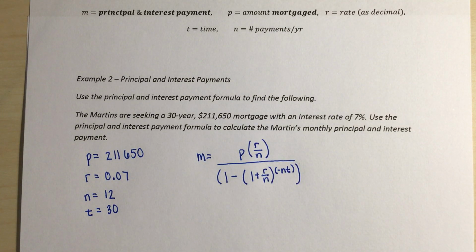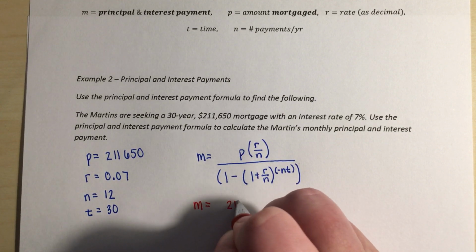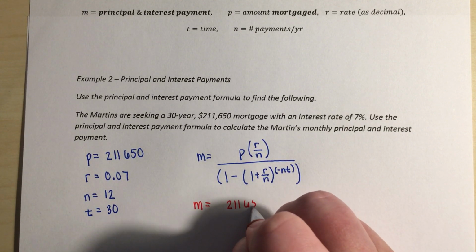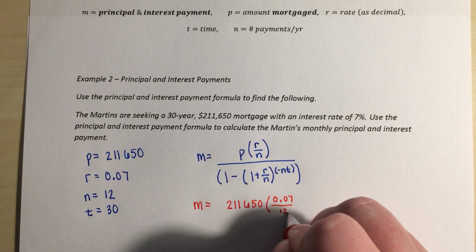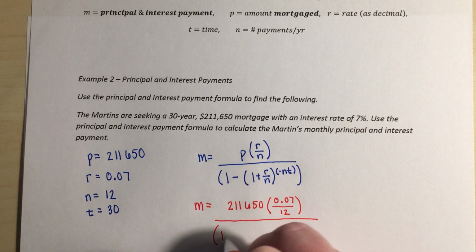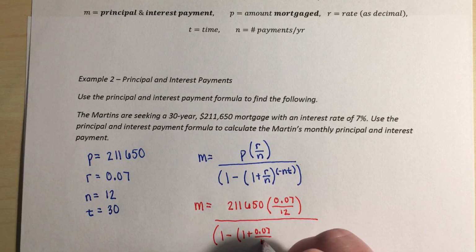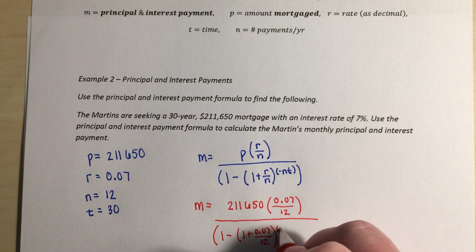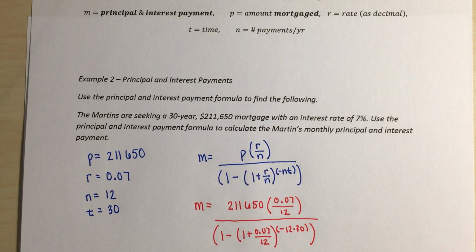So we're going to start plugging in the numbers from this specific example. 211,650 times 0.07 over 12, over 1 minus 1 plus 0.07 over 12, all to the negative 12 times 30. Or we could multiply if we want to and put a negative 360 up there.